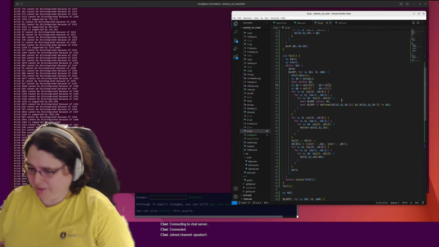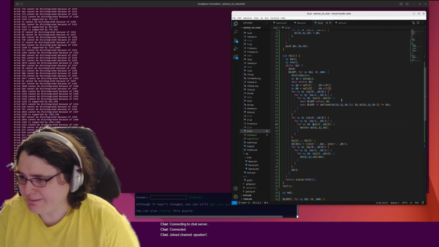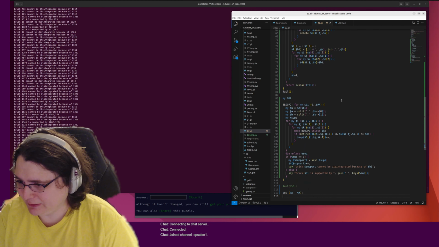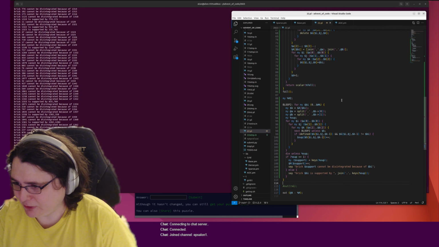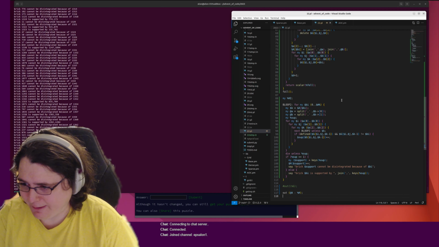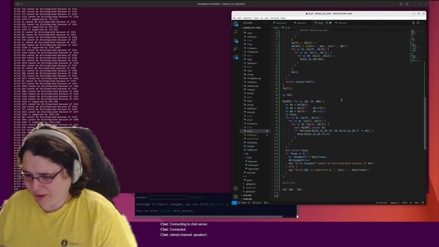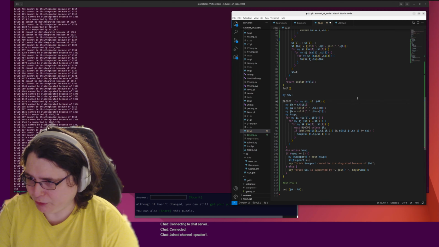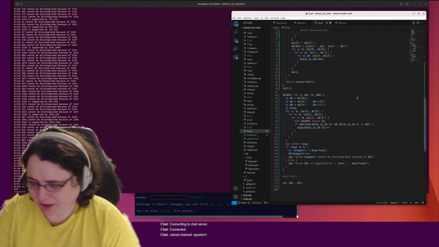Yeah, I'm going to delete some bricks, so I need the ability. Okay, so now I need to loop over each brick, remove it, and see how many bricks would fall.